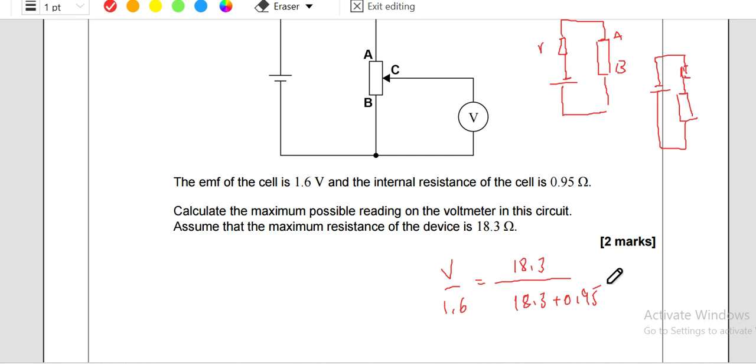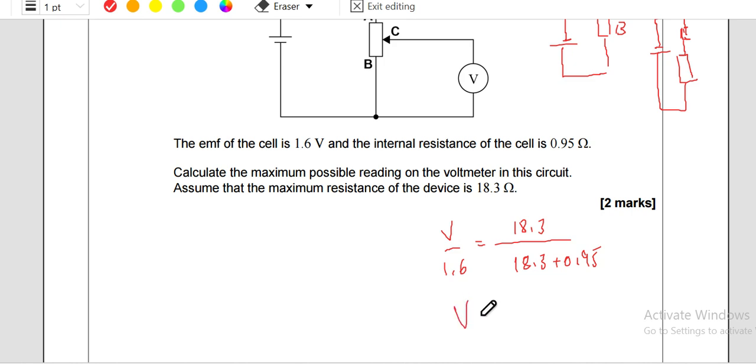Okay, this gives you V as 1.52 volt. The second method is to use the formula V equals E minus Ir, Ohm's law for the closed circuit.